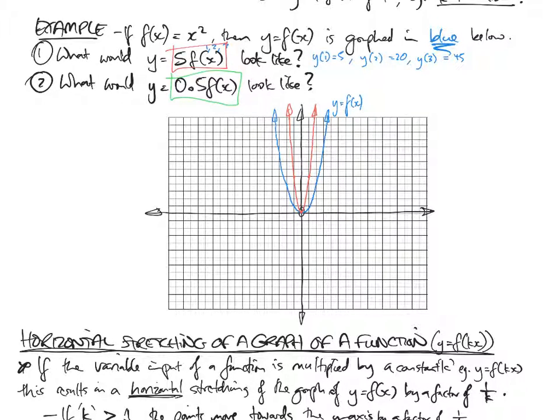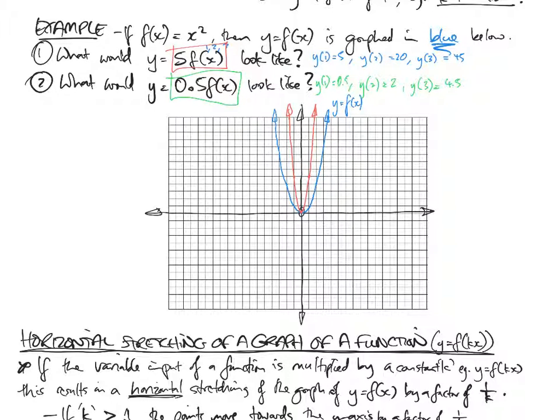So now let's look at the opposite case, when k is between 0 and 1, and I'm going to get some points again. Y when x is 1 is going to be half of 1 squared, which is 0.5. Y when x is equal to 2 is going to be half of 2 squared, which is 4 over 2. Y when x is equal to 3 is going to be half of 3 squared, which is 9, which is going to be 4.5.